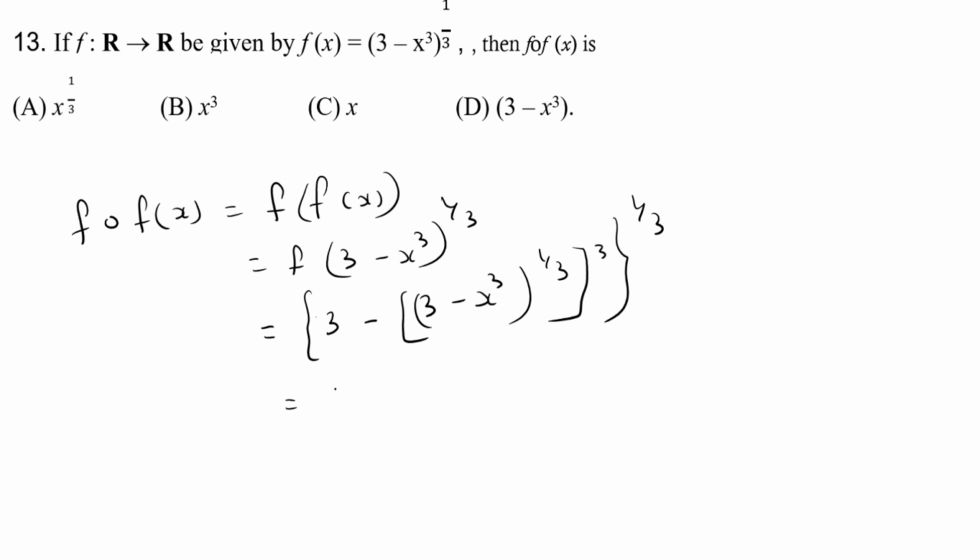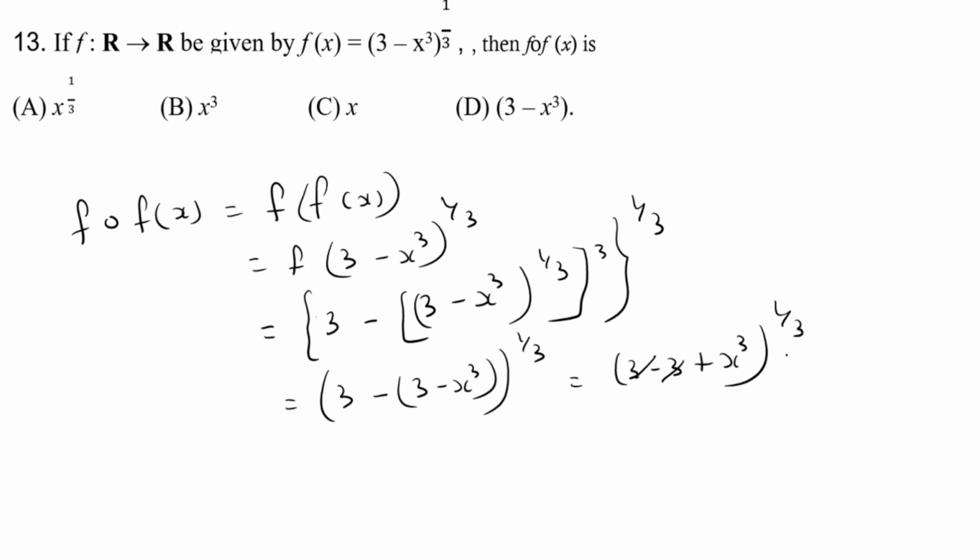So this is equal to 3 minus, here (3 minus x cube) the whole raised to 1 by 3 the whole cube, these two will go, it will be (3 minus x cube) the whole raised to 1. So it is (3 minus (3 minus x cube)) the whole raised to 1 by 3, or this is equal to (3 minus 3 plus x cube) the whole raised to 1 by 3. So this is equal to (x cube) the whole raised to 1 by 3, which is nothing but equal to x. So the correct option is option C.